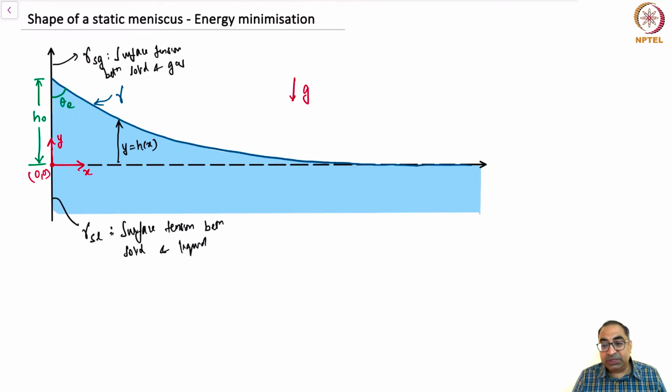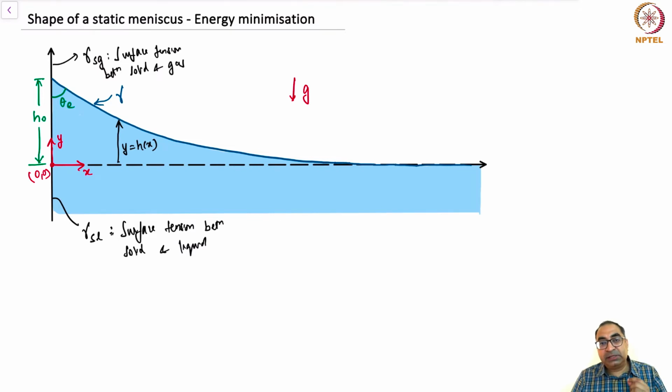Now, why do we have to deal with the extra surface energies? Because if you did not have any plate dipped into the bath, then the interface would be perfectly horizontal, and there is only one surface tension, which is gamma. But the moment we dip a plate into the bath, we immediately see that a meniscus is formed at an angle theta e.